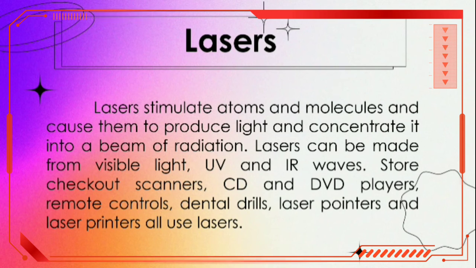Lasers can be made from visible light, UV and IR waves. Store checkout scanners, CD and DVD players, remote controls, dental drills, laser pointers and laser printers all use lasers. They have many industrial and medical applications as well.